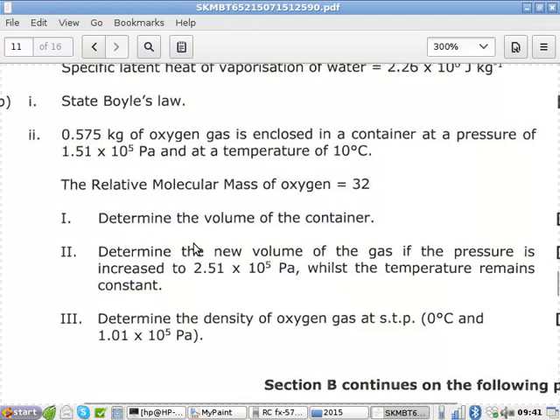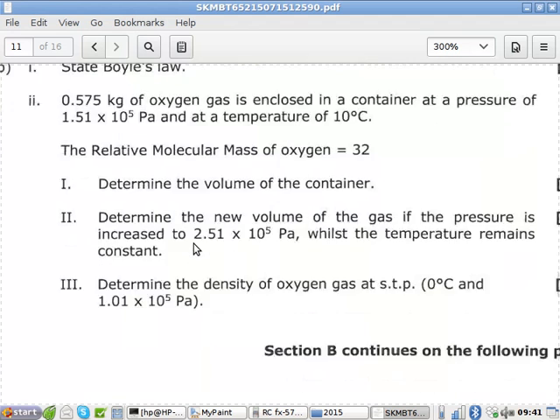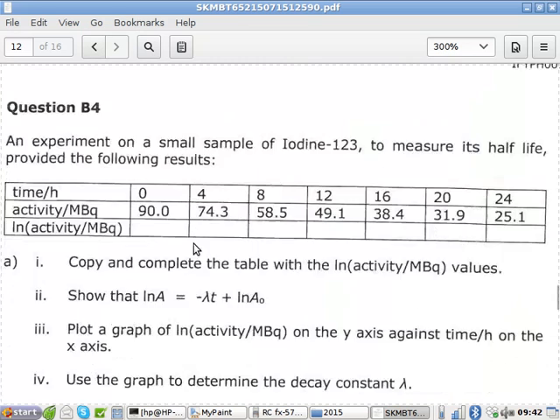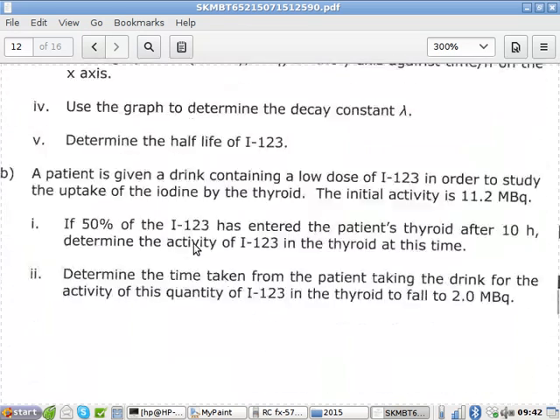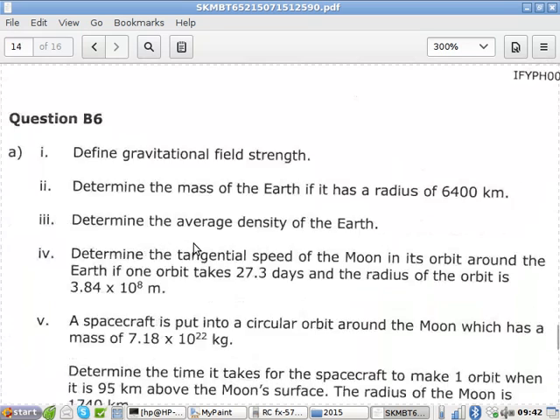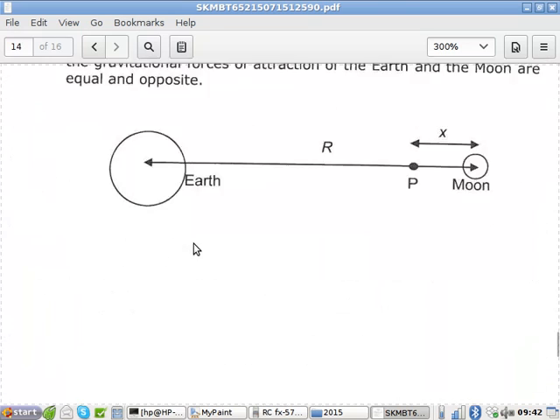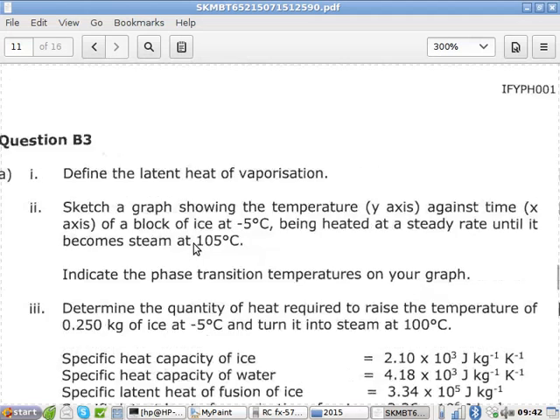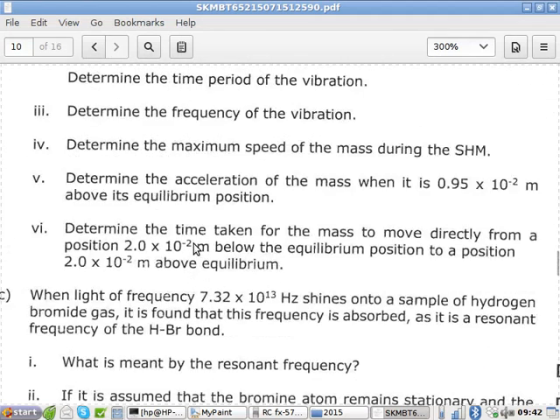We could do another question. Thermodynamics. Do I have a thermodynamics question for you in this paper?